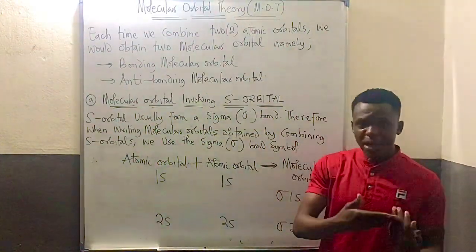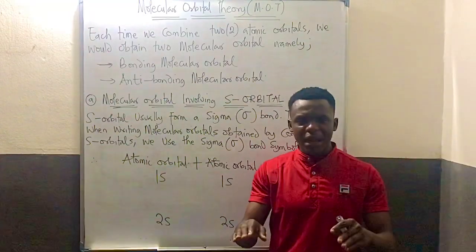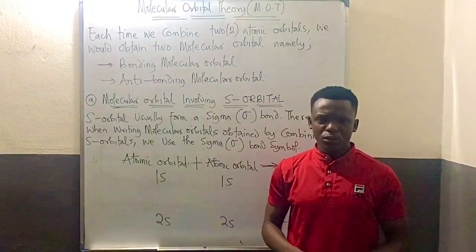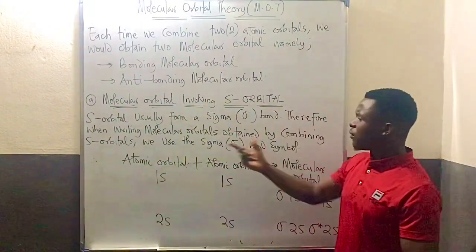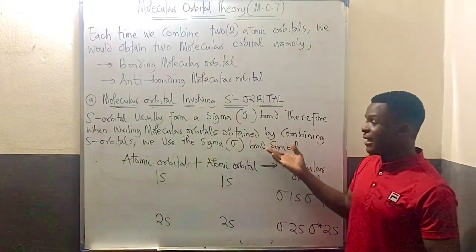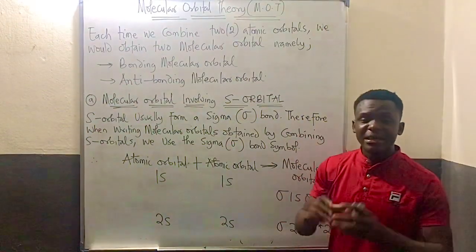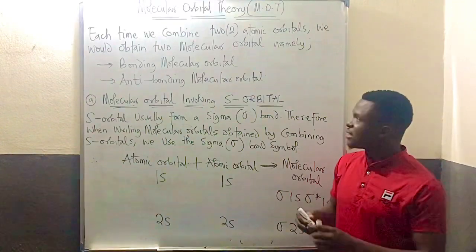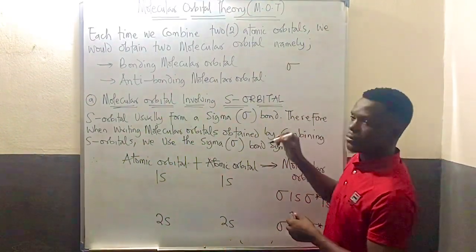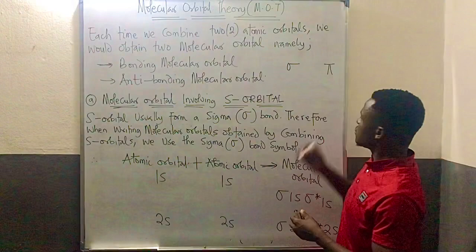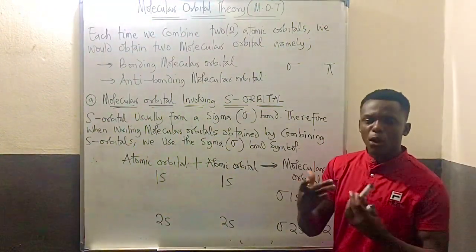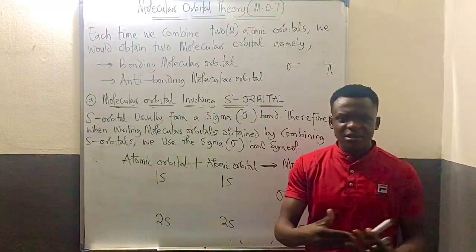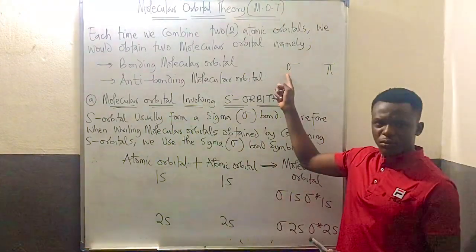We also have pi bond, but s orbital does not form a pi bond. S orbitals form specifically sigma bonds. Therefore, when writing molecular orbitals obtained by combining s orbitals, we'll use the sigma bond symbol. This is a sigma bond symbol, and this is a pi bond symbol. So anytime you are combining atomic orbitals of s, this is the symbol we are going to use. Please take note of this.